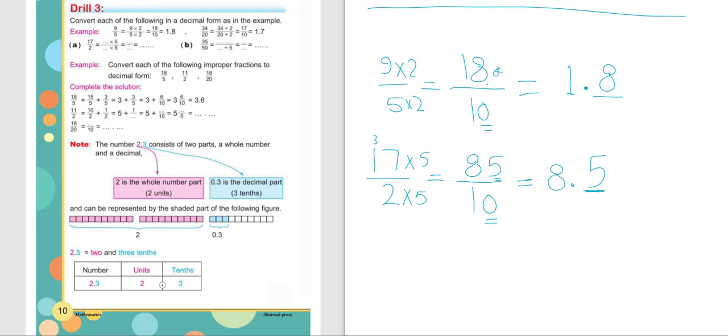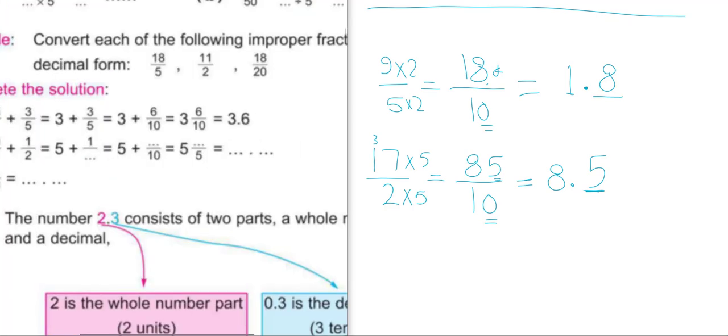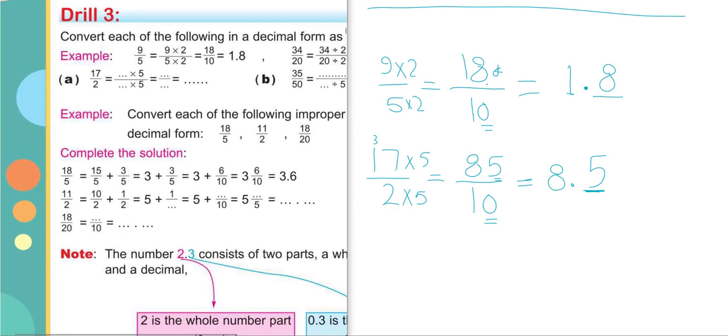So here we have 17 times 5 and 2 times 5. Here we have 85 over 10. So 8.5, or 8 and 5/10, or 8 and half.